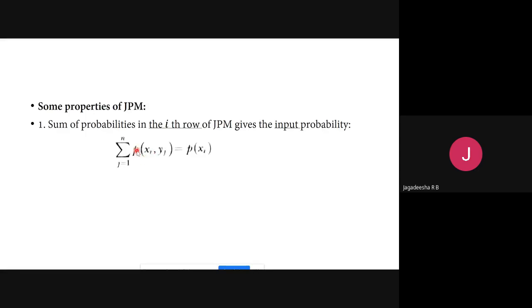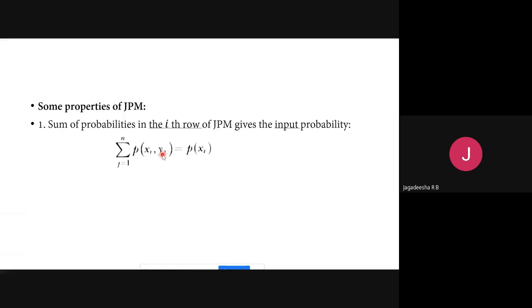That is the joint probability between xi and yj. You're finding the summation for all the outputs, because we are talking about the ith row. Here the row is common, but the column varies because j is varying, j equal to 1 to n. J represents what? Output, yj.